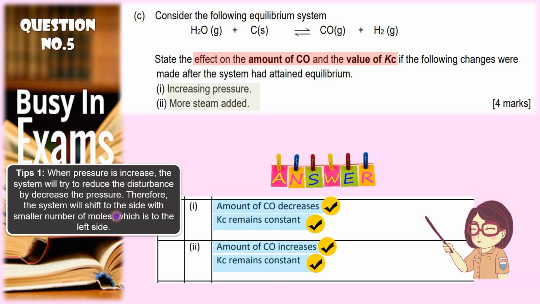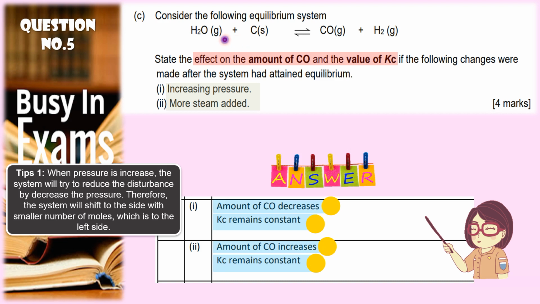Therefore, the system will shift to the side with the smaller number of mole, which is to the left side. Solid is not accounted in the Kc or Kp expression. So therefore, the total mole for the reactant is 1. Total mole of the product is 2. So that's why the equilibrium will shift to the less number of mole. That is to the left side.